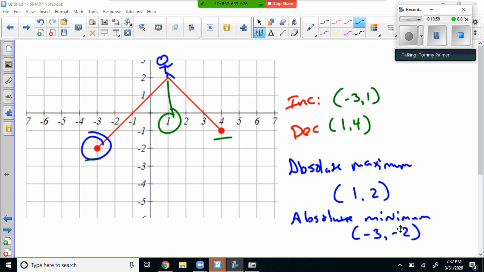So for the endpoints, if it doesn't do like the other one, like a valley, and it just has these points like this, then that would be the lowest point on it.